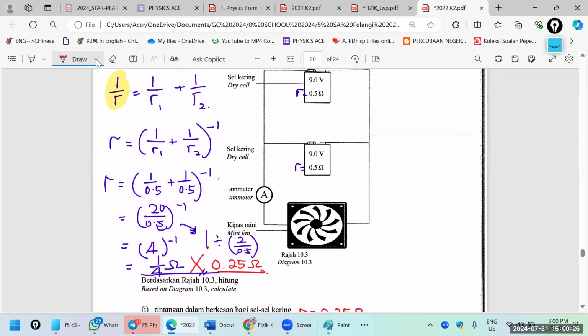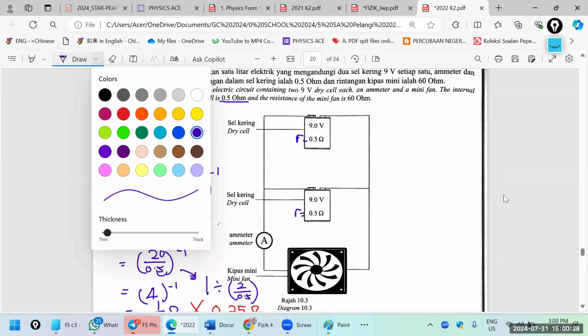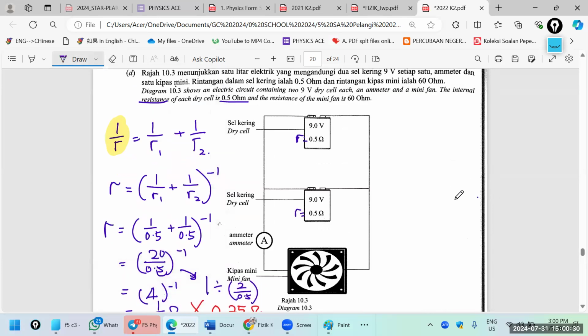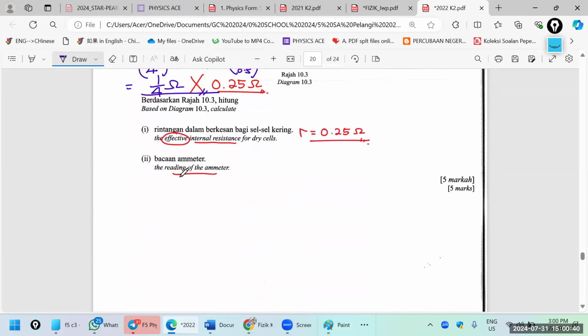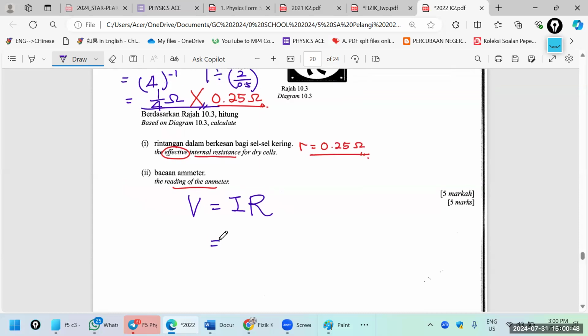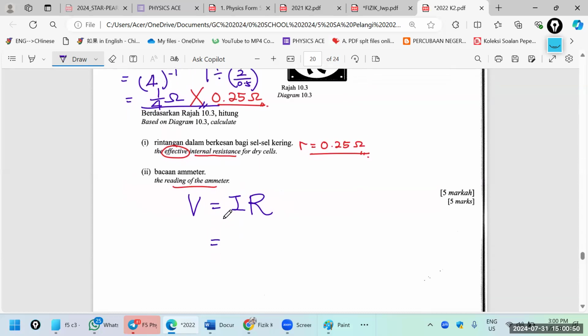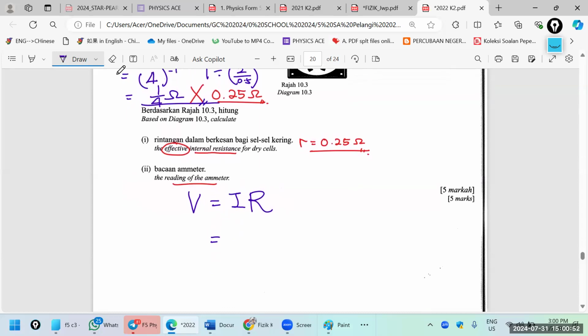Okay, can you tell me is it AC or DC here? Battery means DC. So when it is DC we use Ohm's law, V equals IR. So V is, I'm sorry, cannot use V equals IR. Why?